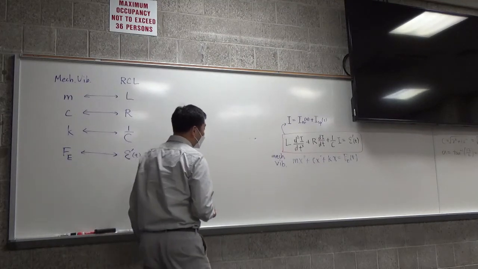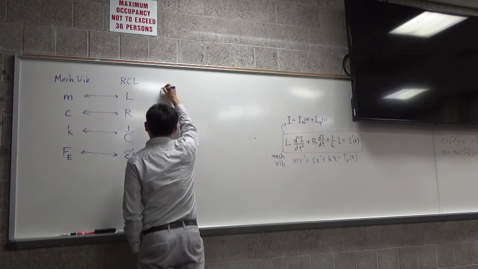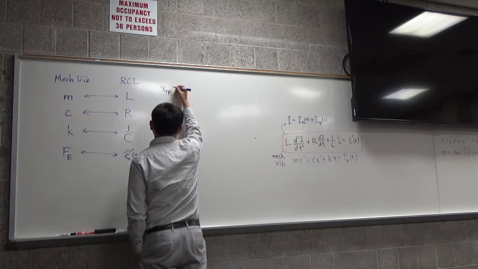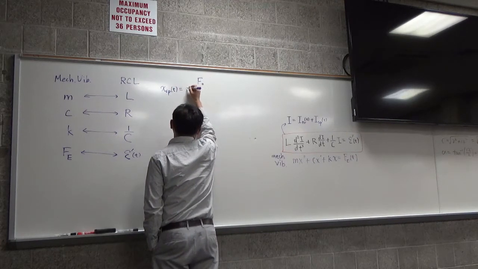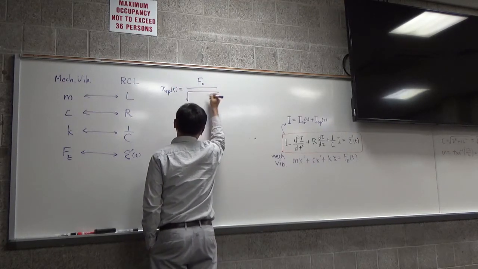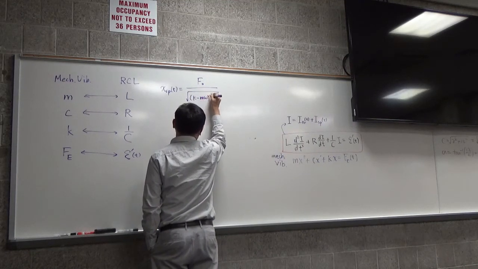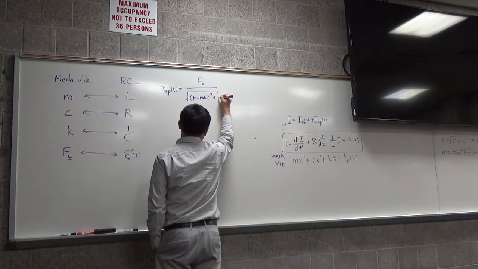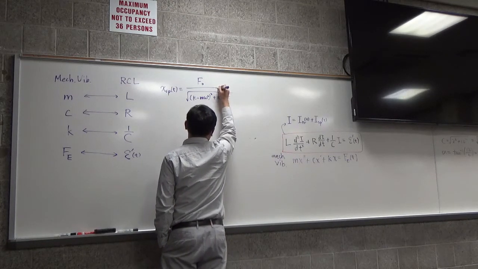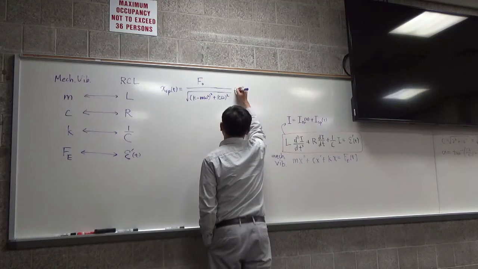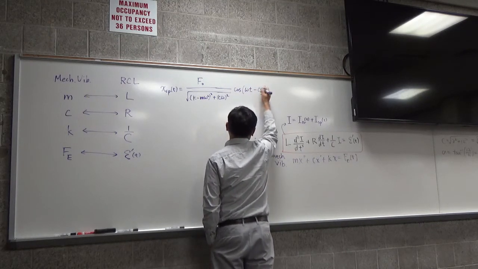So one of the formulas that we found from the mechanical vibration was that the x steady periodic solution looks like F0 divided by the square root of (k minus m omega squared) squared plus (c omega) squared, times cosine of (omega t minus alpha).